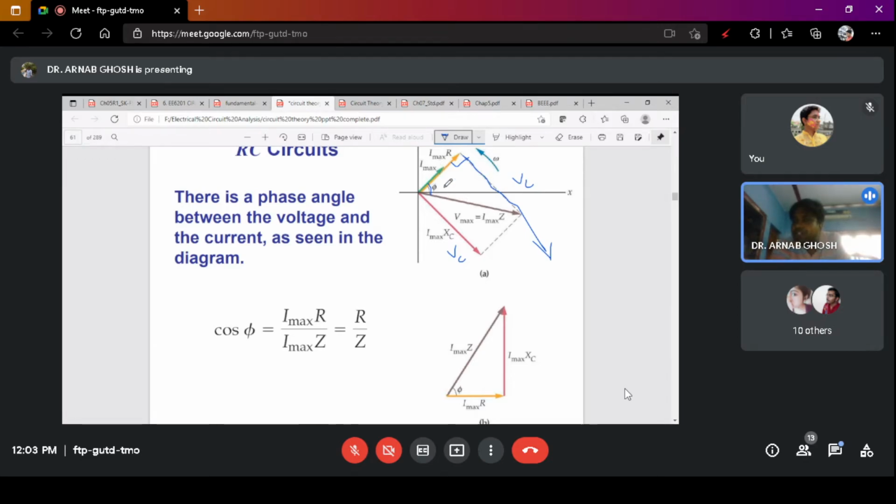The side opposite to the angle is the perpendicular, adjacent to the angle is base, and the side opposite to 90 degrees is hypotenuse. So what should be your cos phi? Base by hypotenuse. That is I max R by I max Z. So I max is getting cancelled out. If you write it from the impedance triangle, the power factor cos phi is the ratio between the resistance and the impedance.